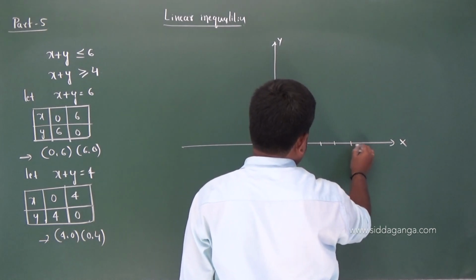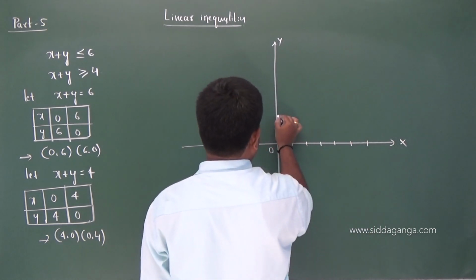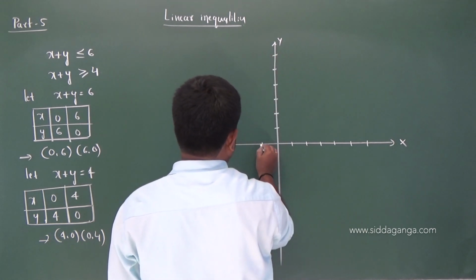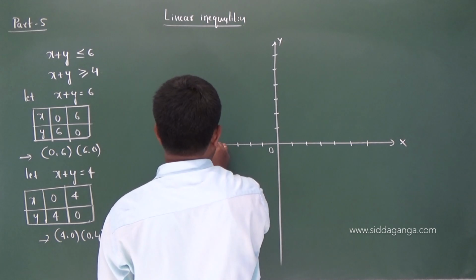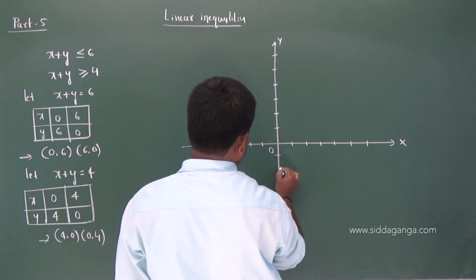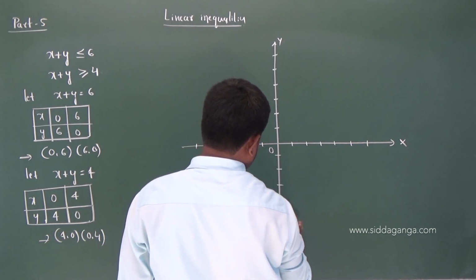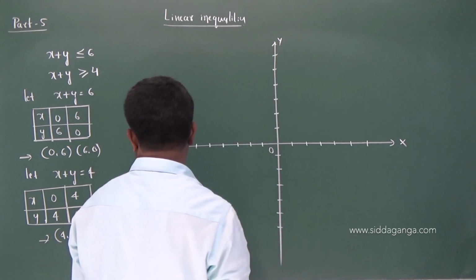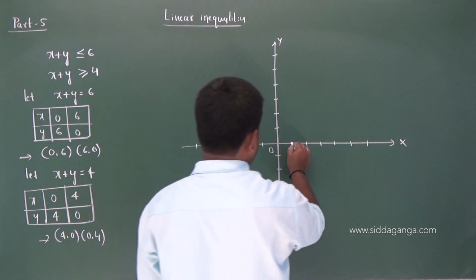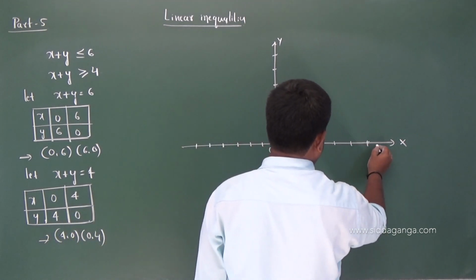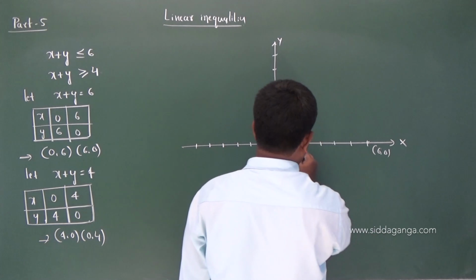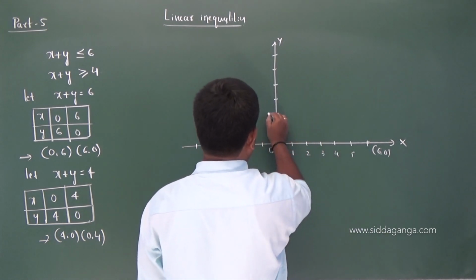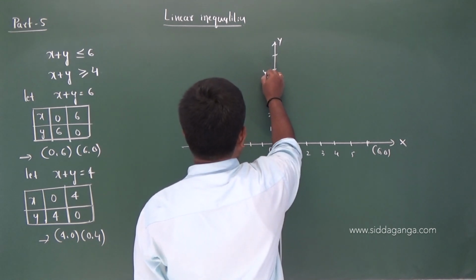3, 4, 5, 6. The first line passes through (0, 6) and (6, 0). 1, 2, 3, 4, 5, 6. This is (6, 0). (0, 6), 1, 2, 3, 4, 5, 6.